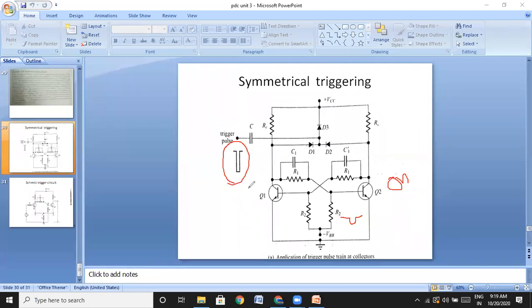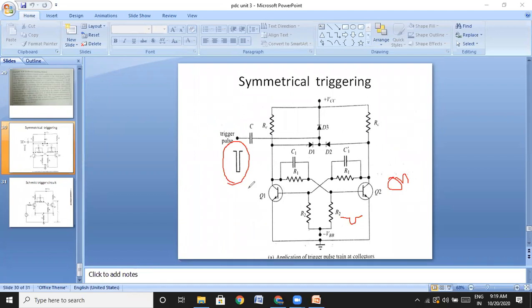We use negative triggering circuits because the bistable multivibrator is more sensitive. If we apply a small negative pulse, the circuit changes its state. For a positive pulse, you have to apply a large magnitude, so it is less sensitive to positive waveforms.